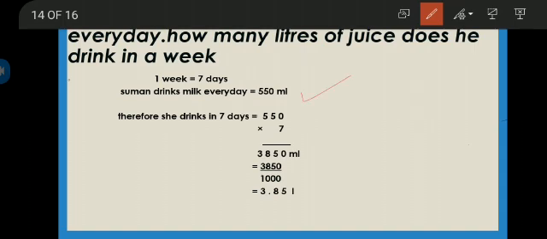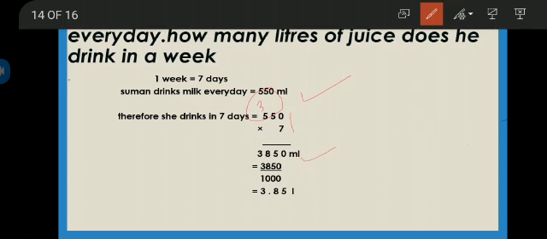Therefore, she drinks in 7 days 550 into 7. So, how do we multiply? 7 zeros are 0, 7 fives are 35, 5 you keep here and 3 you will take. 7 fives are 35 plus 3 is 38.